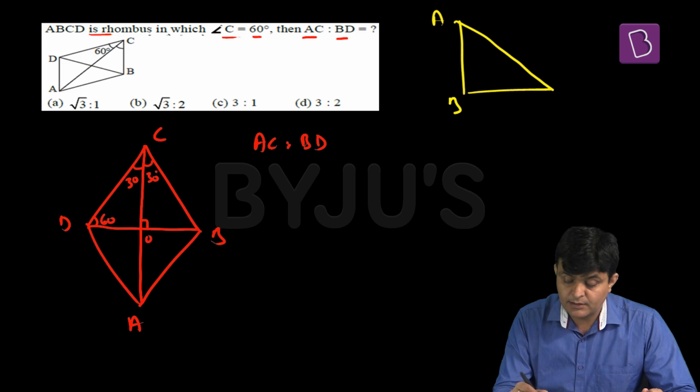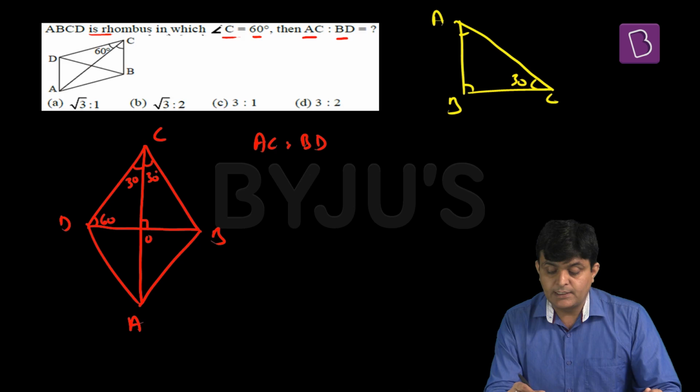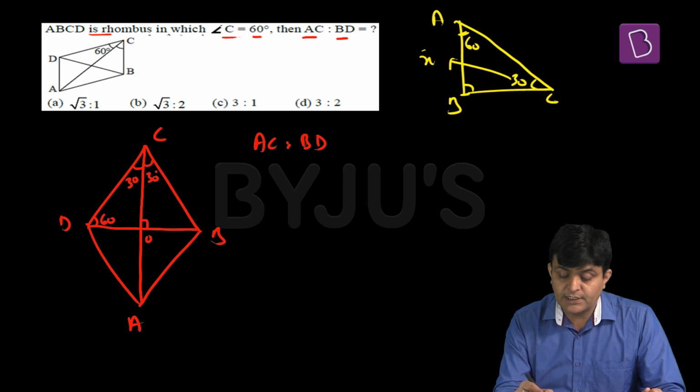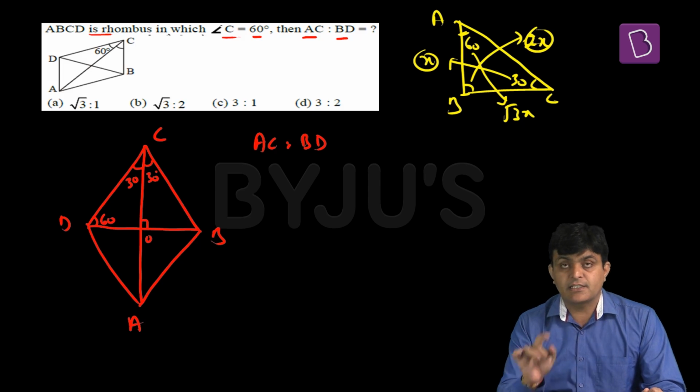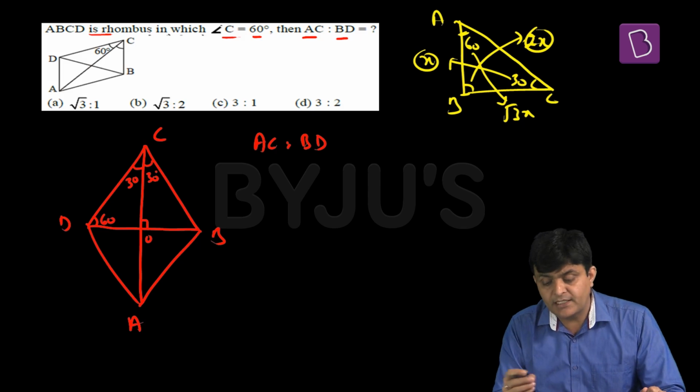Please remember this triangle. If this is 30 angle, this is 90. So in front of 30 it is X. In the triangle, it is 90, it is 30, then it is given to us 60. In front of 30 it is X, in front of 60 it is root 3X, then in front of 90 it is 2X. We discuss it in height and distance, or by sine rule we can find it also.